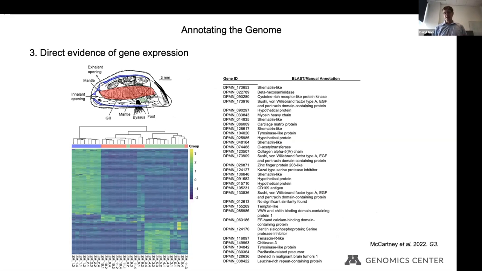In the context of the Genome Project, we did this for a few different tissues, including the mantle, which is what excretes the shell of the zebra mussel. This is a list here of the top 30 or so most highly expressed genes in the mantle. These are potential targets. If we wanted to go after shell formation, these would be potential targets that we could go after.